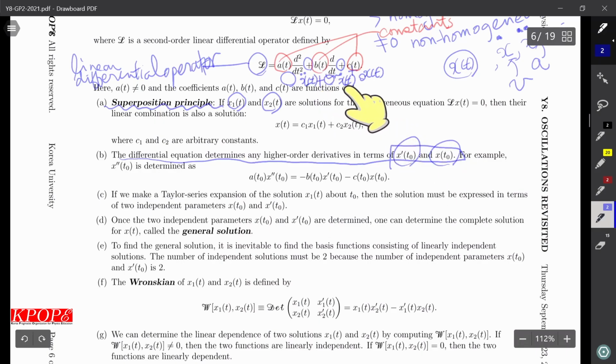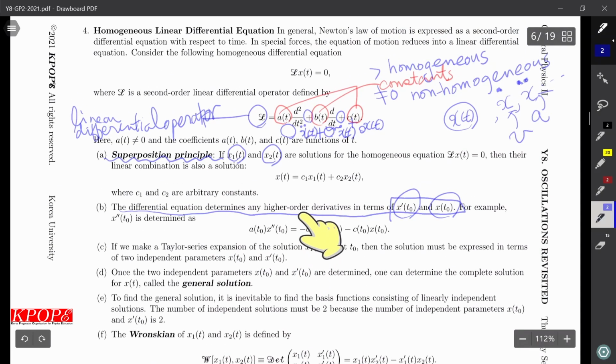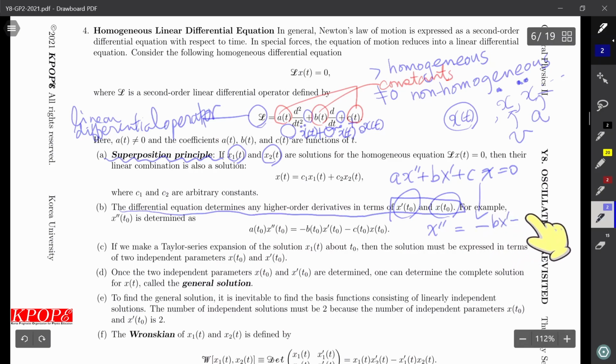Because if the equation itself gives a x double prime plus b x prime plus c x equals 0, then you can solve x double prime equals minus b x prime minus c x over a. Always, the second order derivative is expressed in terms of the function and its first order derivative.